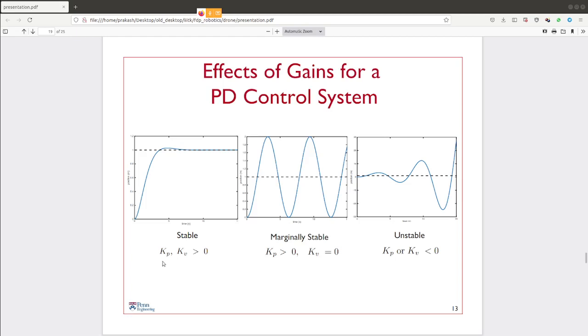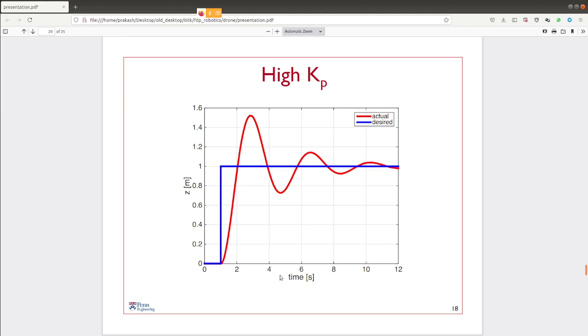But sometimes, if I choose a very large value of Kv, let's see what will happen. Or otherwise, in this case, a very small value of Kv but a very high value of Kp. It actually means that for very little damping, I am choosing a very high spring stiffness.